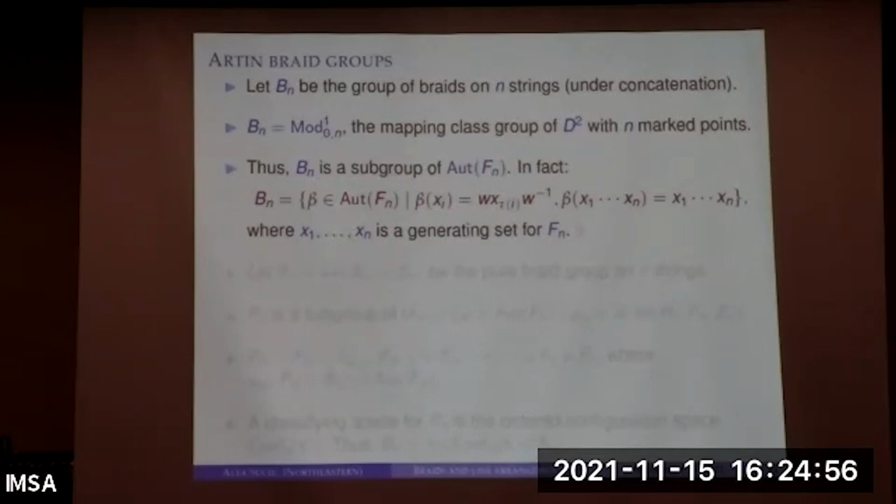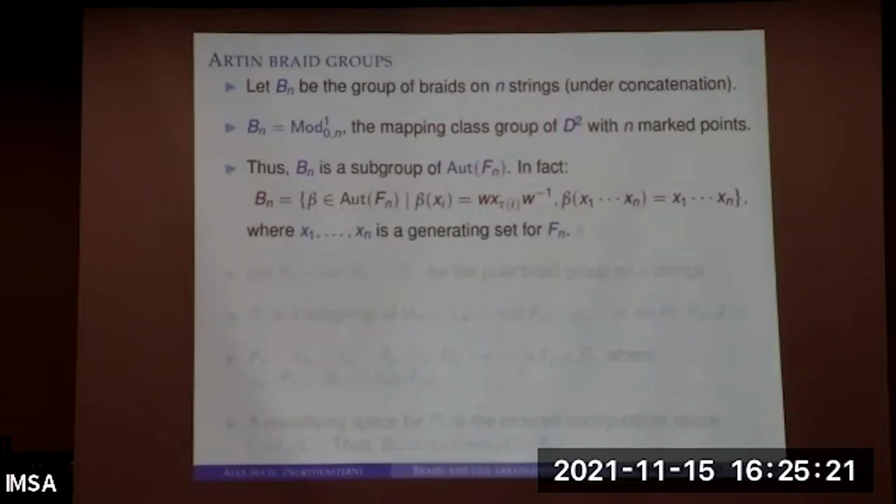The generators go to a conjugate of a generator, up to a permutation coming from the canonical map to S_n. This is because you take the mapping class group of the disk with boundary, not just the mapping class group of the plane.